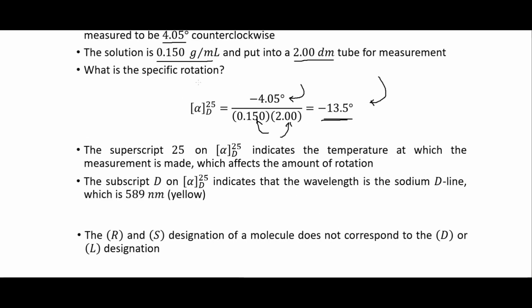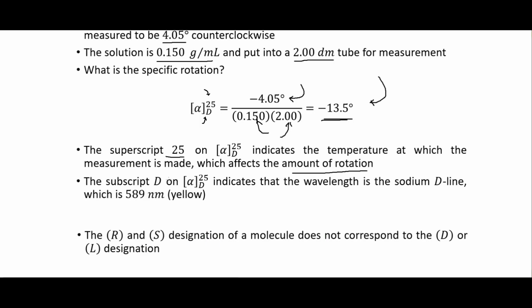You may notice I have this 25 here and this D here. You'll often see this listed this way. The superscript 25 indicates the temperature in Celsius at which the measurement is made, because the temperature will affect the amount of rotation, so you always want to have that listed.